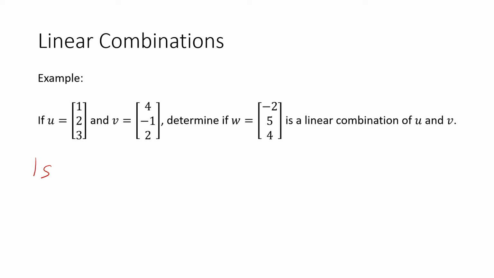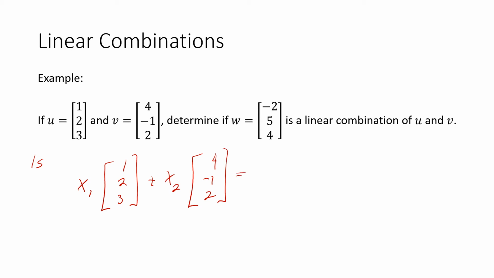So we're asking, is x1 times (1, 2, 3) plus x2 times (4, -1, 2) equal to (-2, 5, 4) for some x1 and x2?